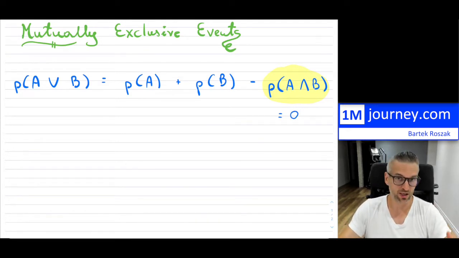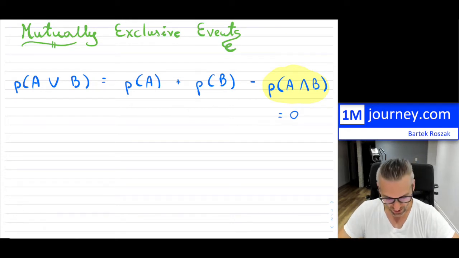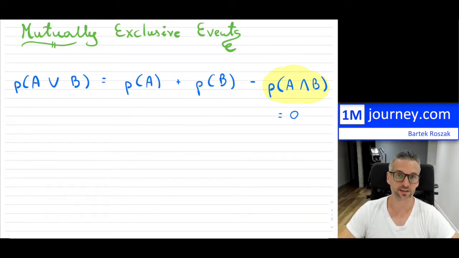Let's take a look at a few smaller examples to illustrate this, and I'll also talk about independent events and show you that mutually exclusive and independent events are not exactly the same thing. Let's imagine that all we're doing is rolling a die.